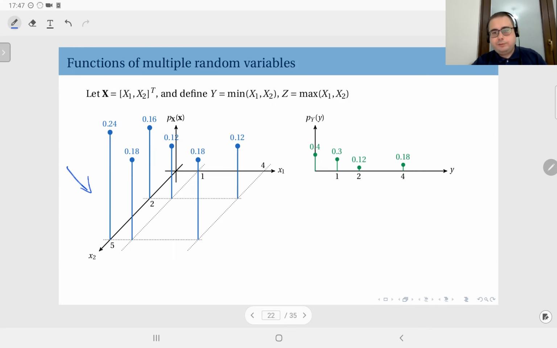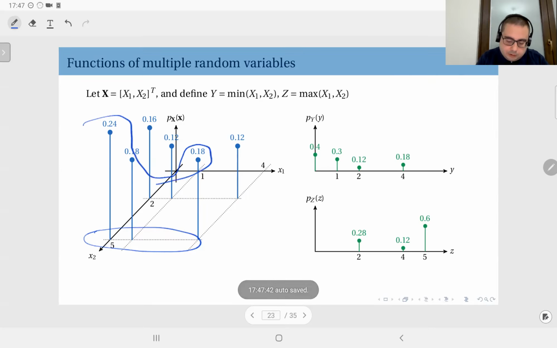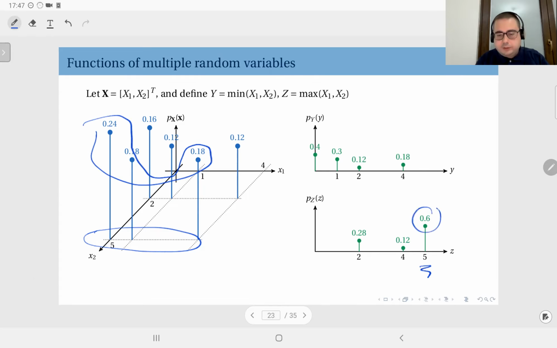Similarly, we can find the distribution of z. You see, when you are here, x2 is 5. Therefore, since x1 can take values only 0, 1, 4, when coupled with 5, the maximum of the two will always be 5. So add these three up: 0.24, 0.18, 0.18. Add them up, you get 0.6, where z is 5, the maximum value.